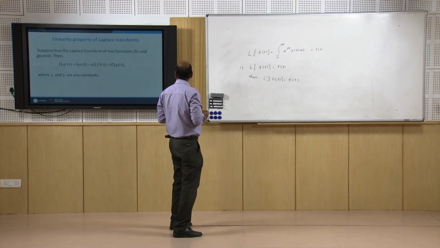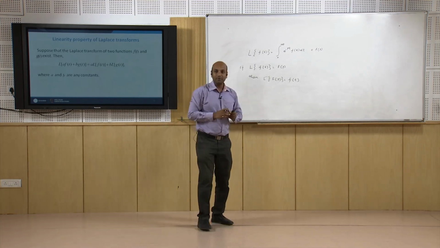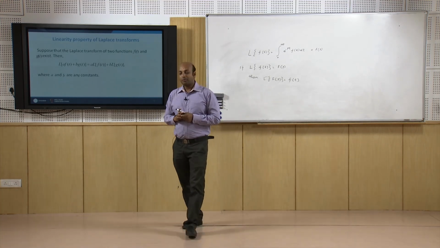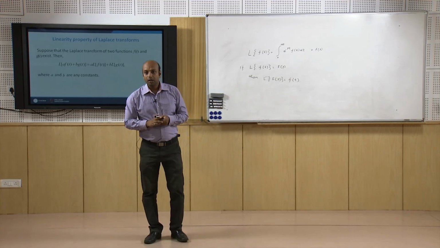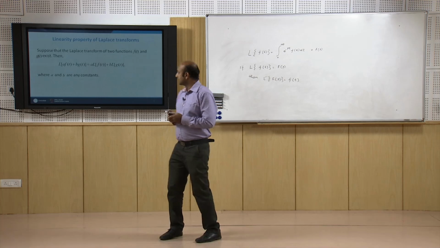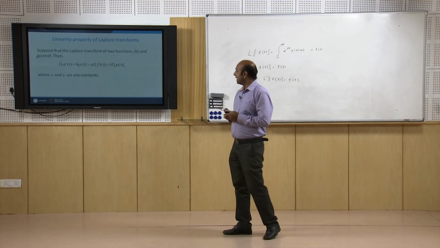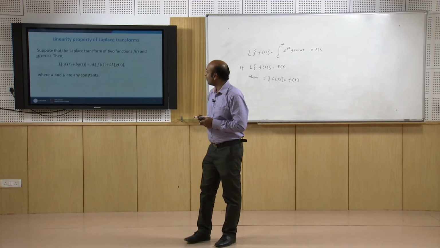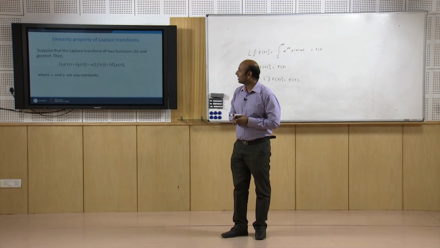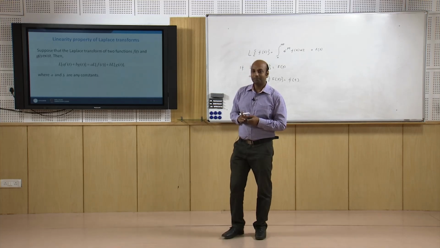Now, the first property of Laplace transform is that Laplace transform is a linear operator. It satisfies the linearity property. Now, what is the linearity property? Laplace transform of a f(t) plus b g(t) is nothing but a times Laplace of f(t) plus b times Laplace of g(t), and the result holds for any constants a and b.